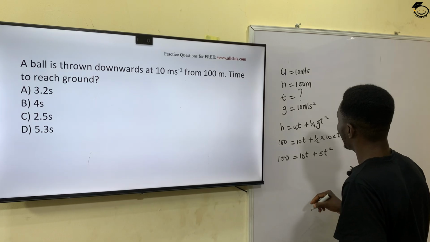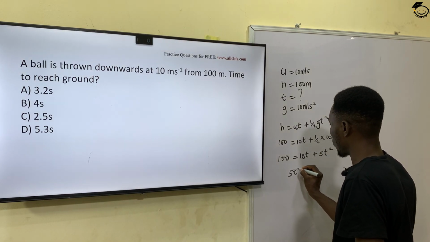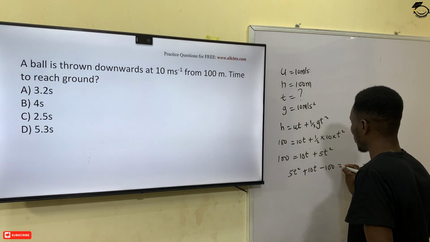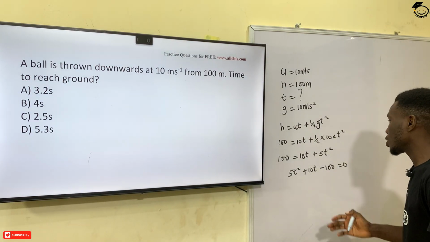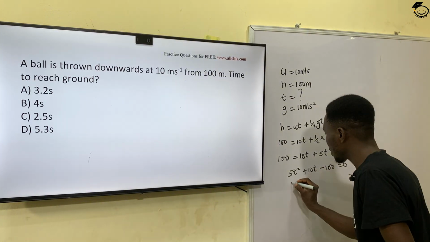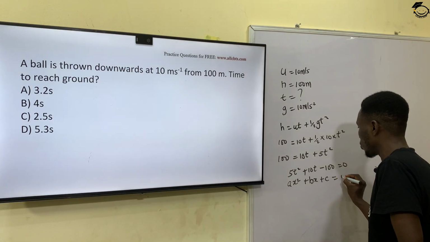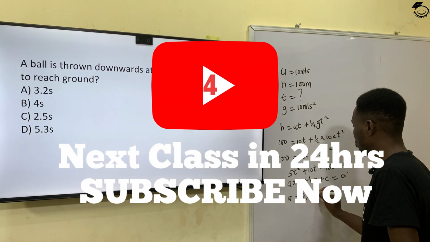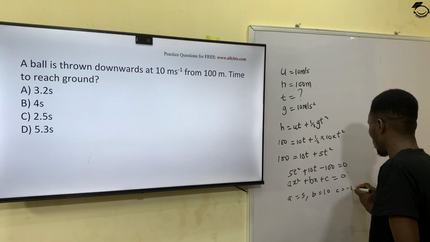So if I rewrite, this is the same thing as saying I have 5t squared plus 10t minus 100 is equal to 0. So this is a quadratic equation. If we compare it with the quadratic equation ax squared plus bx plus c equal to 0, it means that my a here is 5, my b is 10 and my c is minus 100.